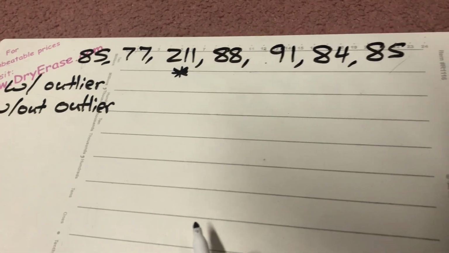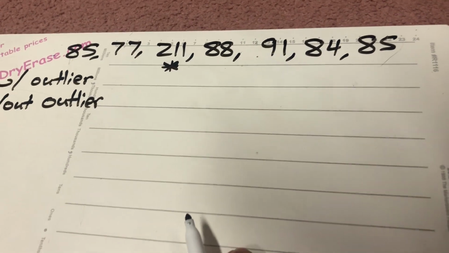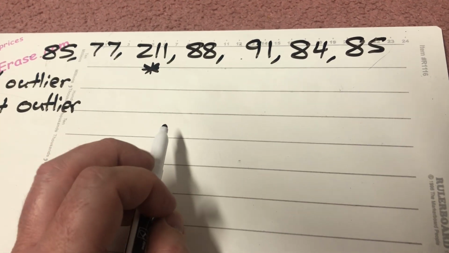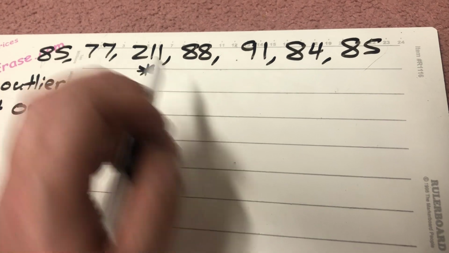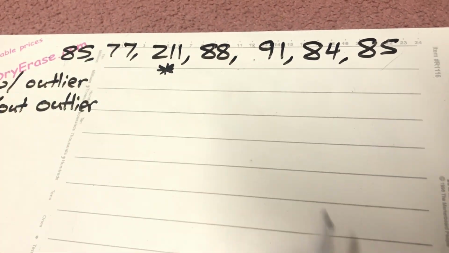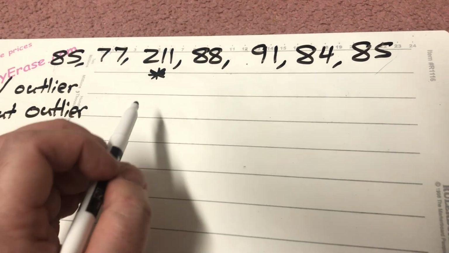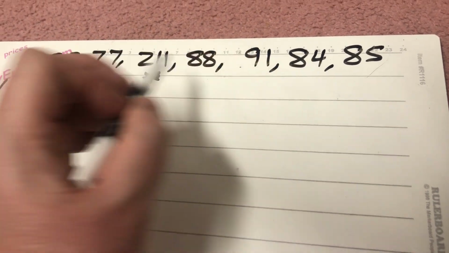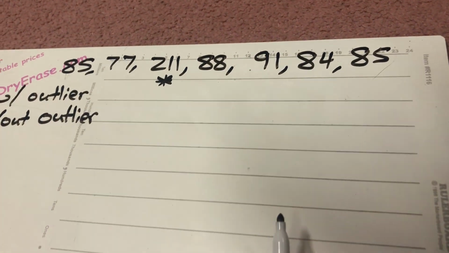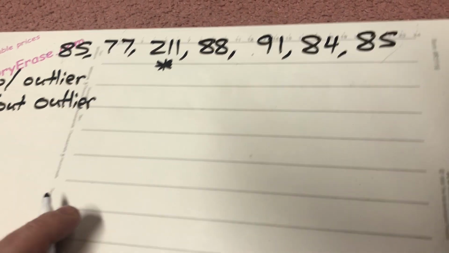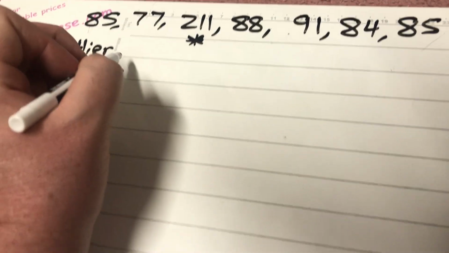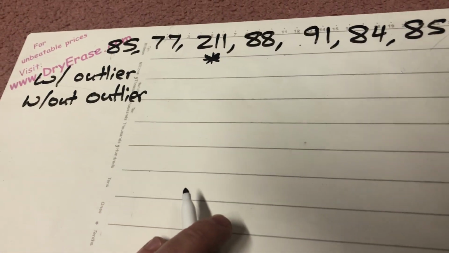So first of all, let's focus on the mode first. Let's keep the outlier in. We're going to use 211 right now, and it looks to me like 85 shows up twice. So that tells me that the mode with the outlier is going to be 85.